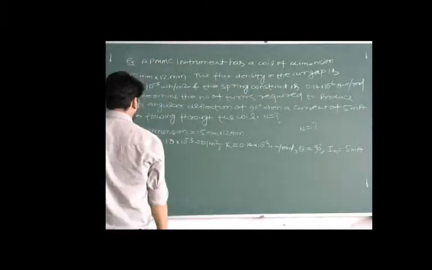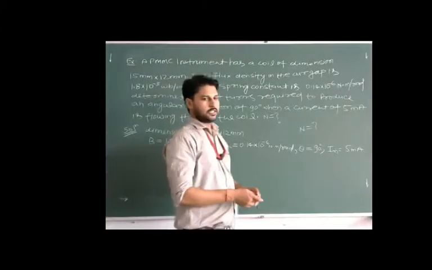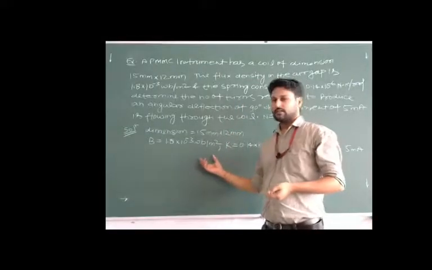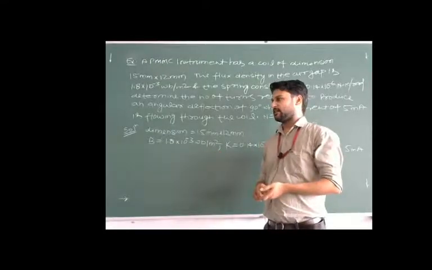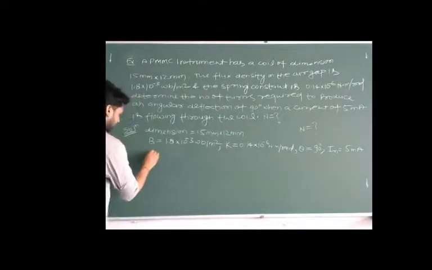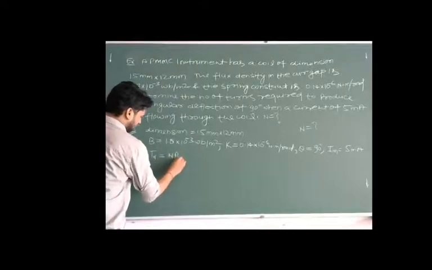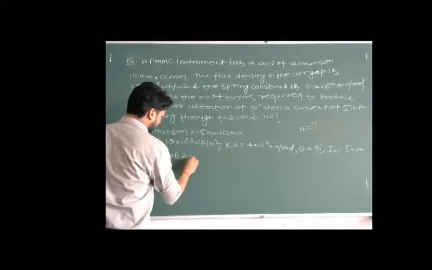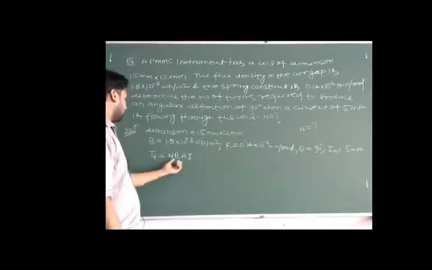Here we know that in the PMMC instrument the deflection is produced due to the magnetic effect of the current, meaning when a current carrying conductor is placed in the magnetic field, it experiences a torque, and this torque is given by N, number of turns, into magnetic flux density into area of the coil into current flowing through the coil. Here magnetic flux density is known.